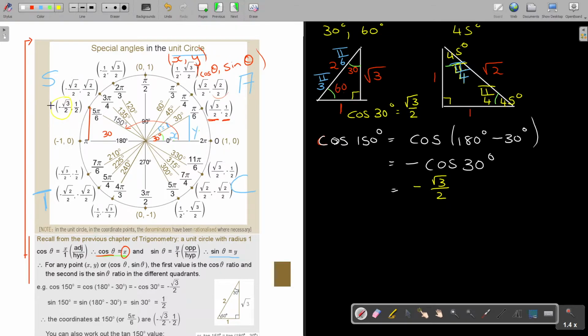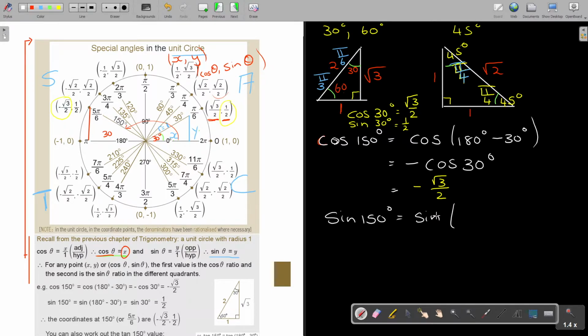Okay, and now let me just try to fit it in here, what was sin 30? Sin 30 was opposite over hypotenuse, that was a half. Do you agree? That was a half. But what is sin in this second quadrant? It's positive. So if I want to write sin 150, I do it exactly like in chapter 4.